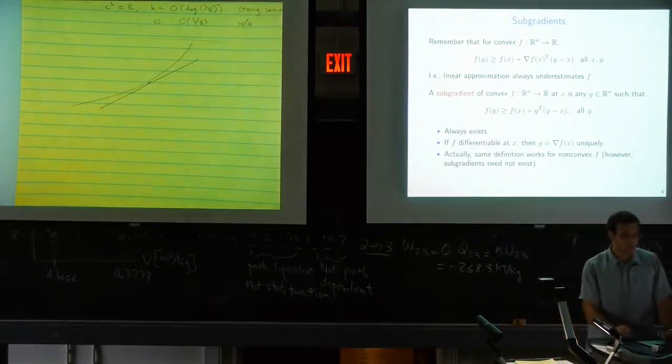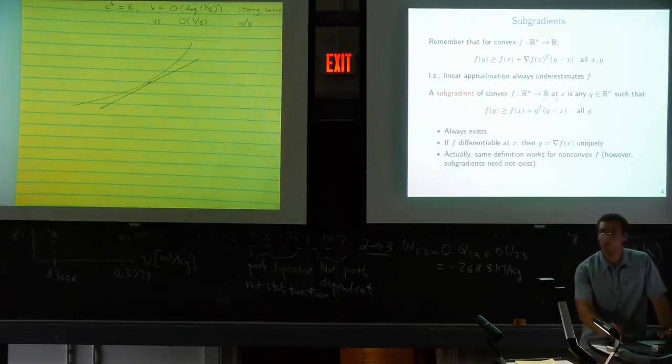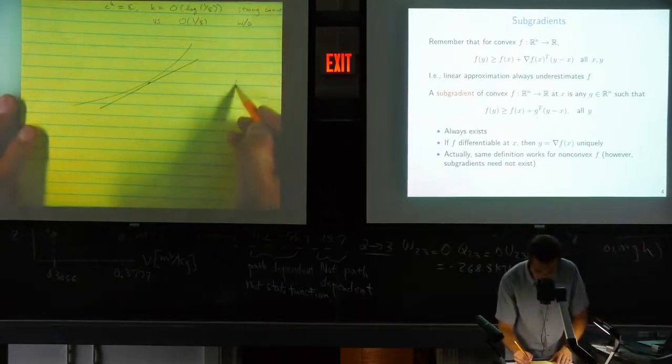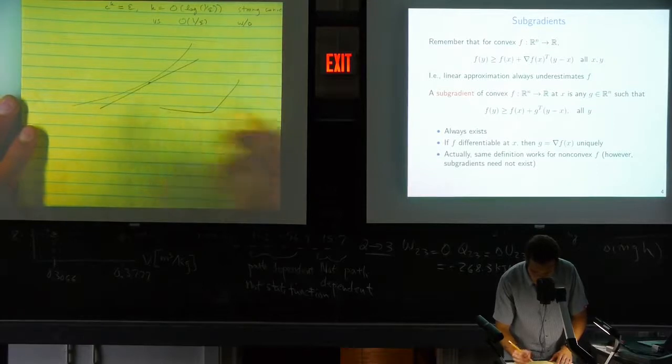A subgradient of a convex function at some point is just any vector g that also gives us that lower bound. So the function could be non-smooth and convex.